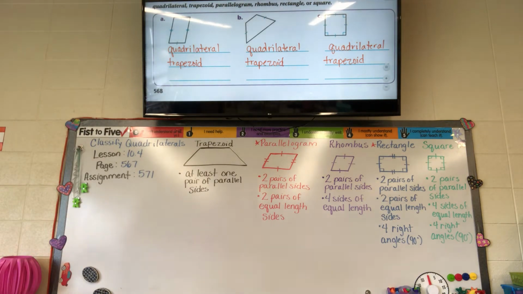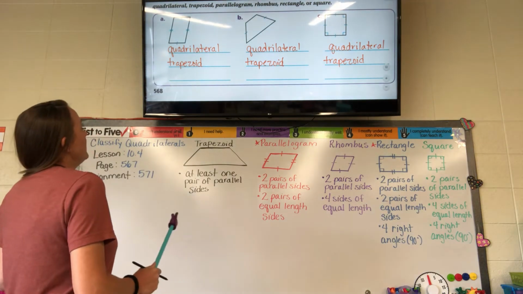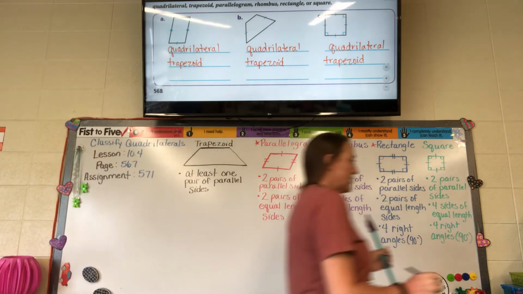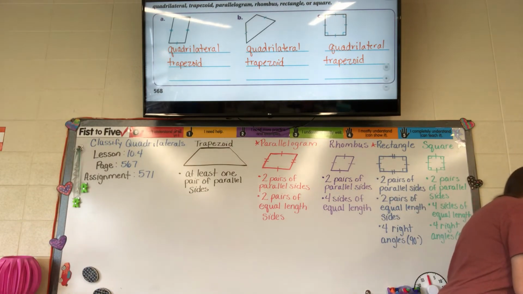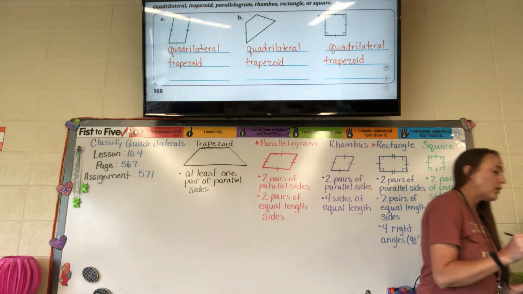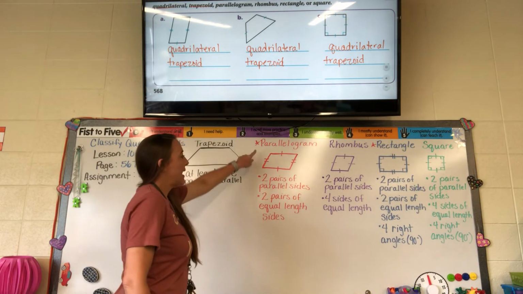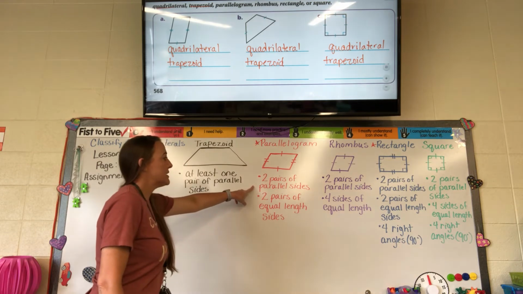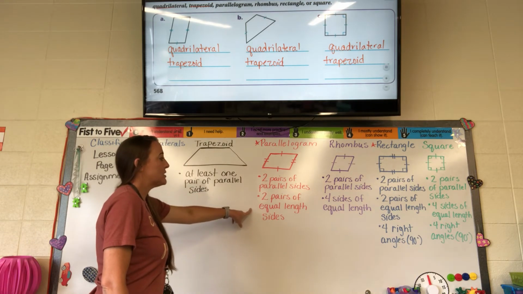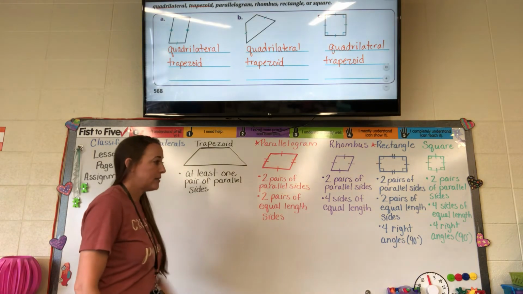Okay, so now we have done quadrilaterals, we've done trapezoids, and now we're going to go to parallelograms. Parallelograms have 2 pairs of parallel sides and 2 pairs of sides that are equal length.